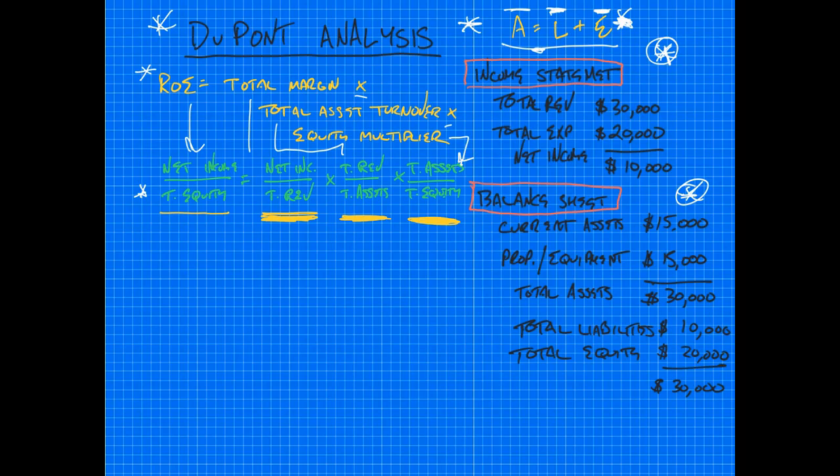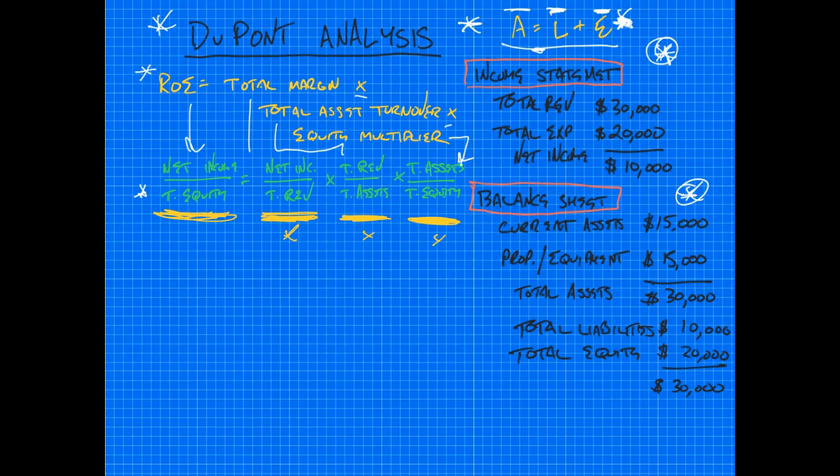So it's important to know that. If you were just to look at the return on equity as a number, you would miss many of these key indicators that we've already looked at. So the DuPont equation or analysis is going to help us break these down.